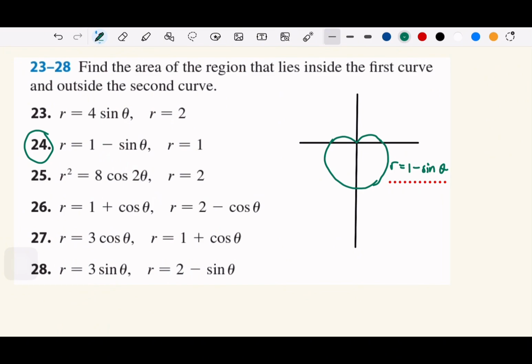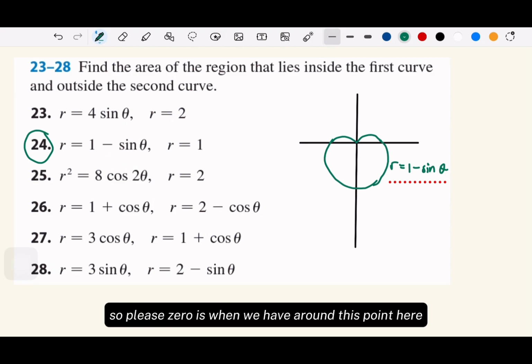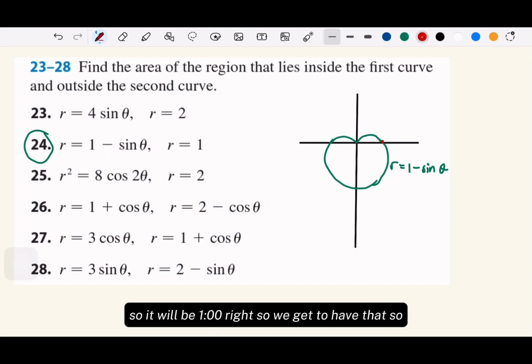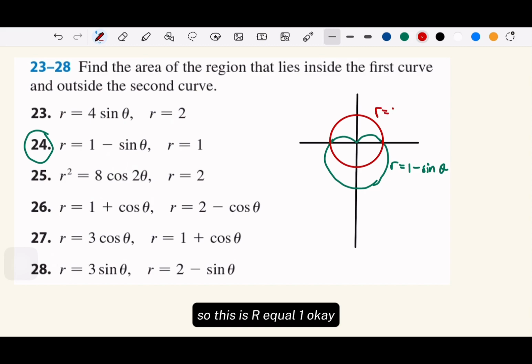How do we confirm? You can check the intersections, make it equal 1. You will see that it goes to 0. So at least at this point here, it will be 1, 0. So we have that circle. This is r equals 1.